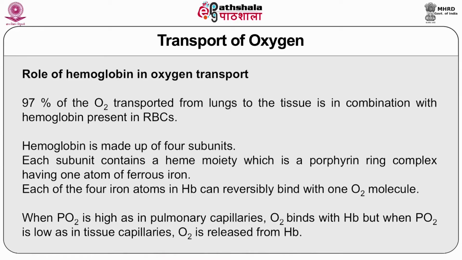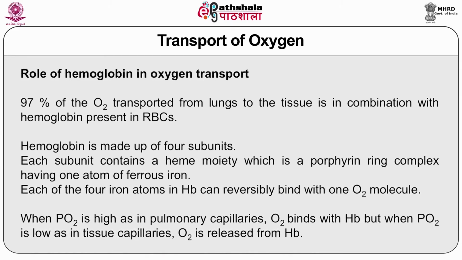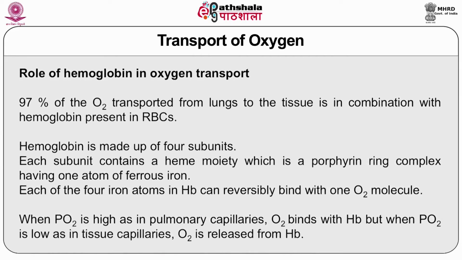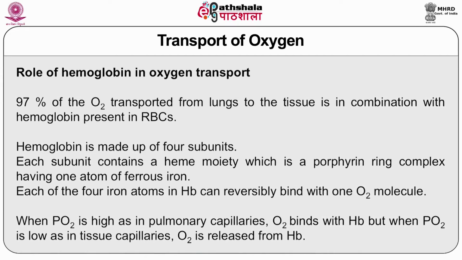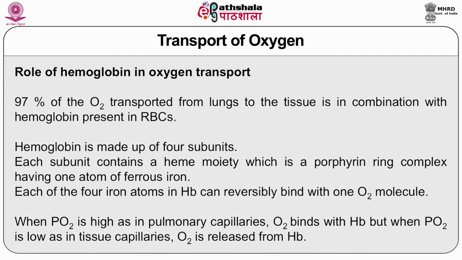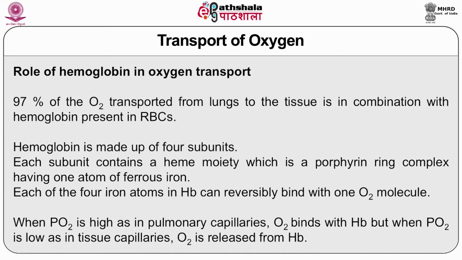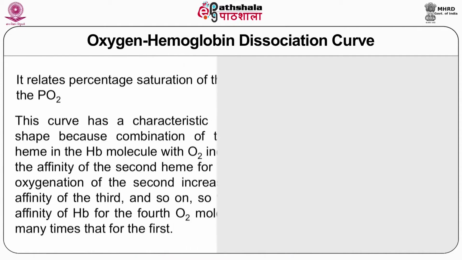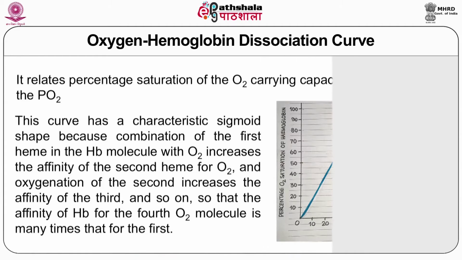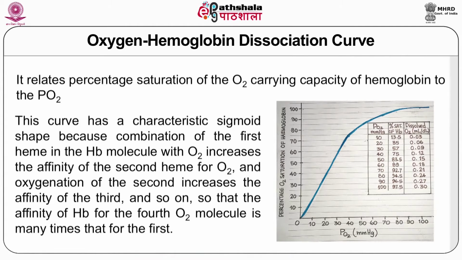When PO2 is high, as in pulmonary capillaries, oxygen binds with hemoglobin, but when PO2 is low, as in tissue capillaries, oxygen is released from hemoglobin. The oxygen hemoglobin dissociation curve relates percentage saturation of the oxygen carrying capacity of hemoglobin to the partial pressure of oxygen.